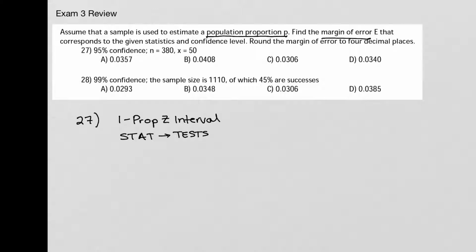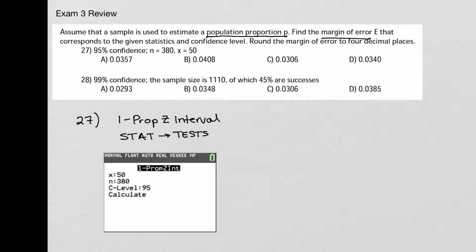So once you're there, you're going to enter 50 for X, 380 for N, and your confidence level, or C level, is 95%. Now this can be entered as either the number 95 or 0.95, and either way works in your calculator.